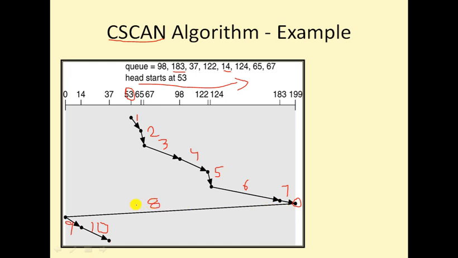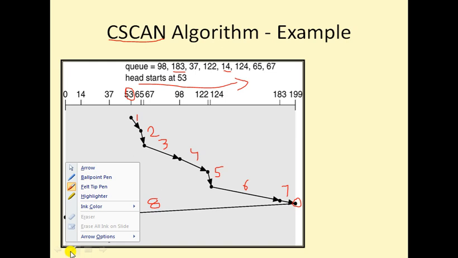So from 199 to 0, that is 199 minus 0. So 199 minus 53 plus 199 minus 0 plus 37 minus 0. That tells the number of track movements by the head. Based on that, you can easily estimate the seek time of the total schedule.